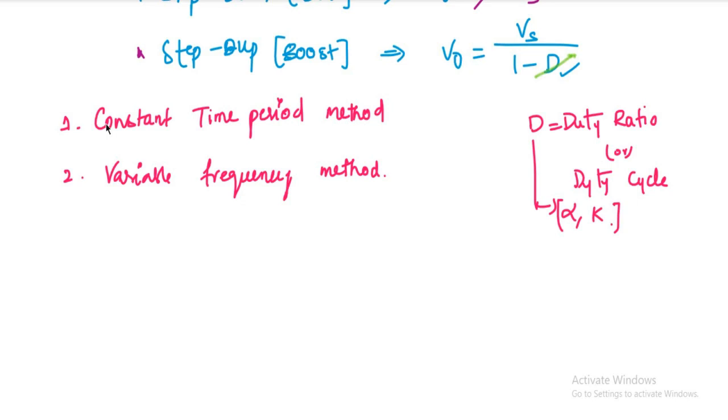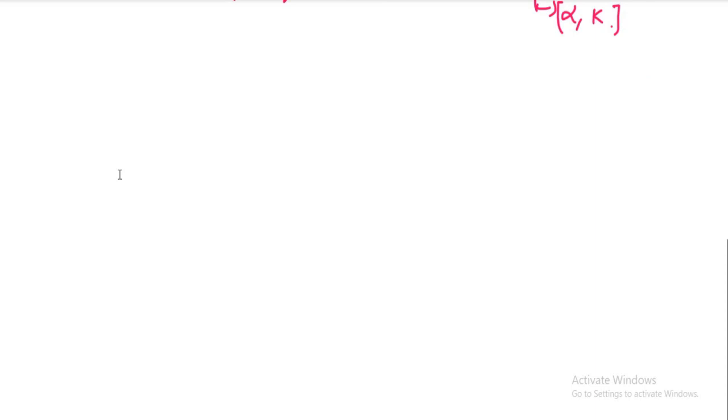Here we are going to see the first method to change the value of D, that is the constant time period method.